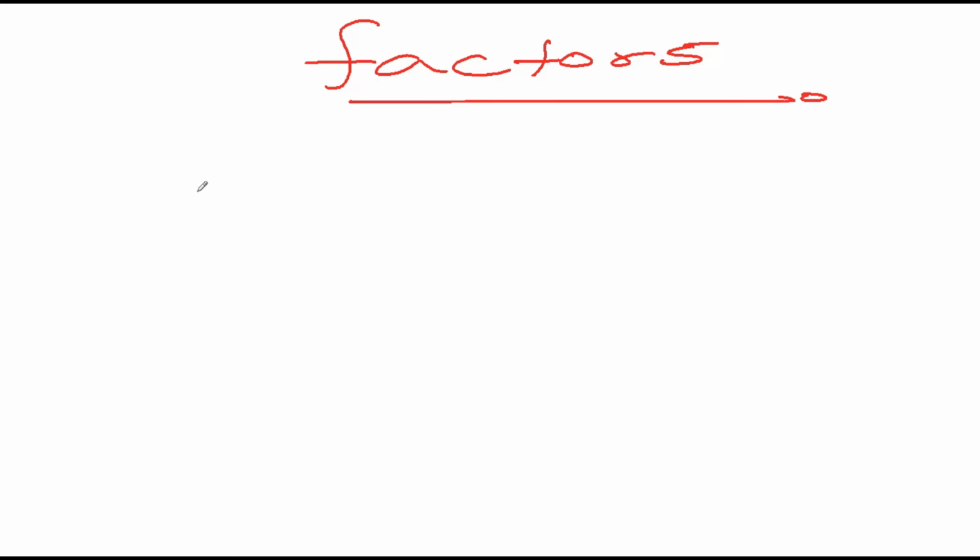First of all, let's try to get some idea about what factorization is, or what is meant by factors. Factors can be simply expressed as the product. The product means multiplication.